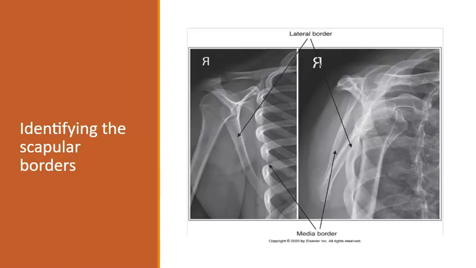Recognizing these differences helps confirm which scapular border is visualized and whether the image needs to be repeated for proper lateral positioning. This also will help you determine which direction you should rotate a patient in order to get that true lateral projection. We will discuss this in the upcoming slides.